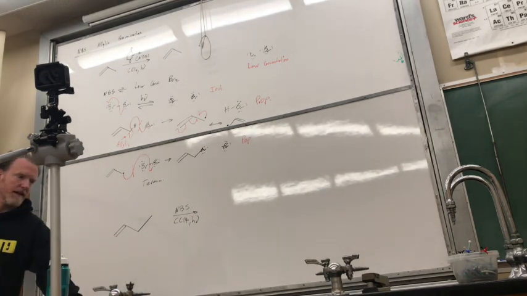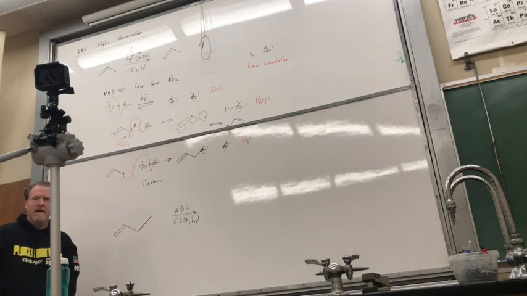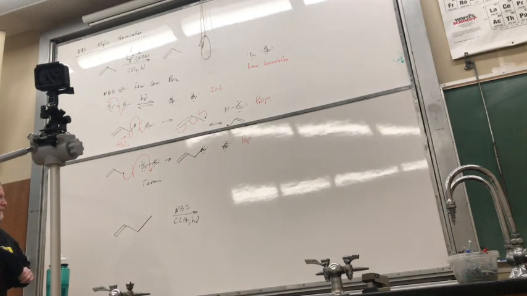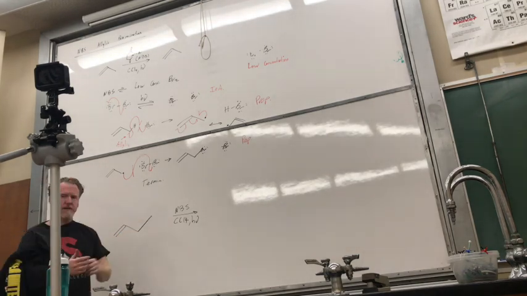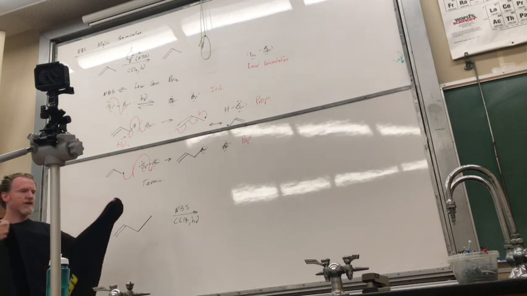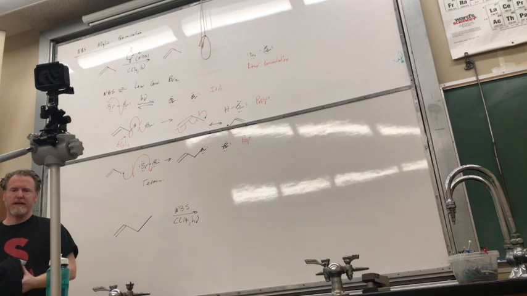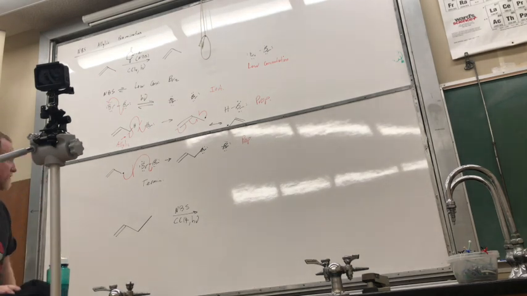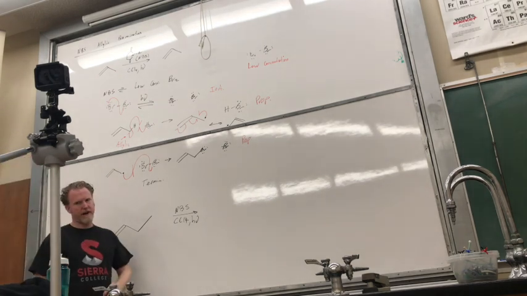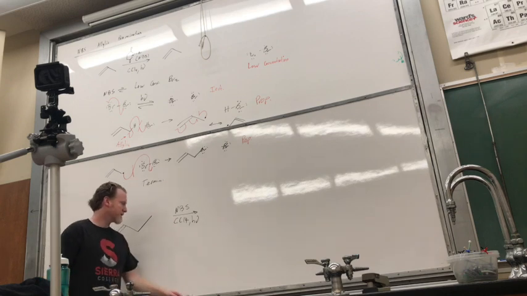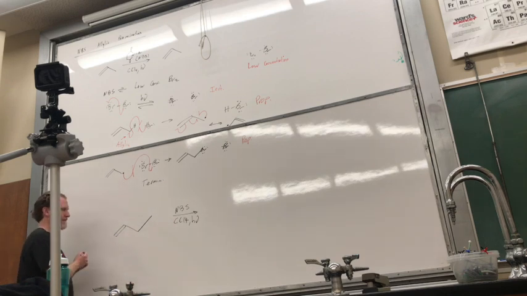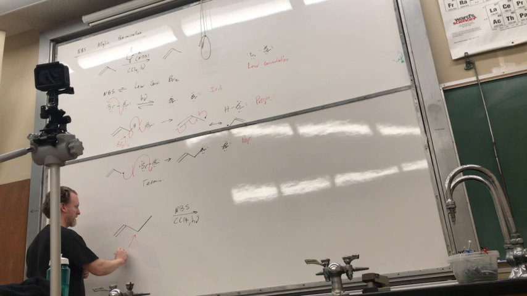It's got an extra carbon here. But once again, what's going to happen is the NBS is going to make a low concentration of bromine, then that low concentration will get hit with a photon of light, and it'll try to make the lowest energy radical. So what would be the lowest energy radical for this guy? This secondary allylic.